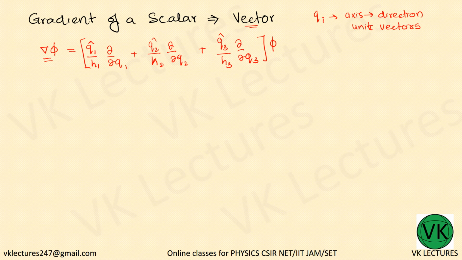For example, q1, q2, q3 can be equal to x cap, y cap, z cap. This is in the three-dimensional Cartesian coordinate system. And for spherical, polar and cylindrical coordinate systems, you will have their own unit vectors.